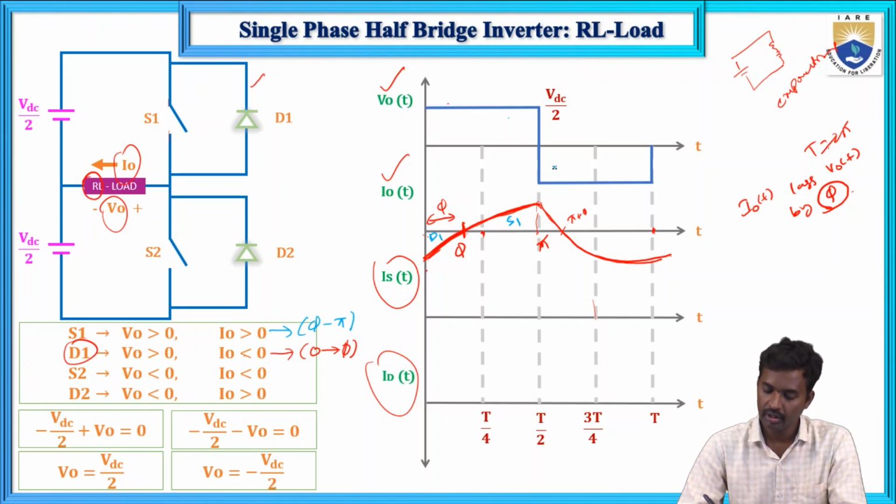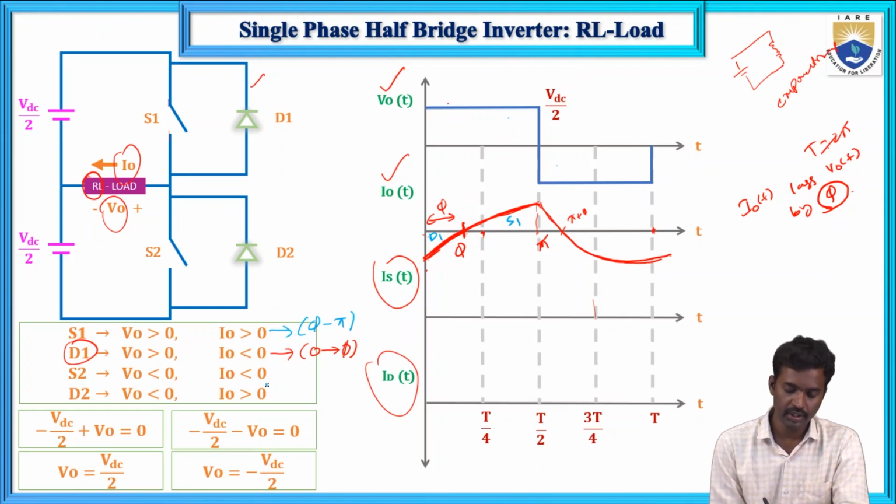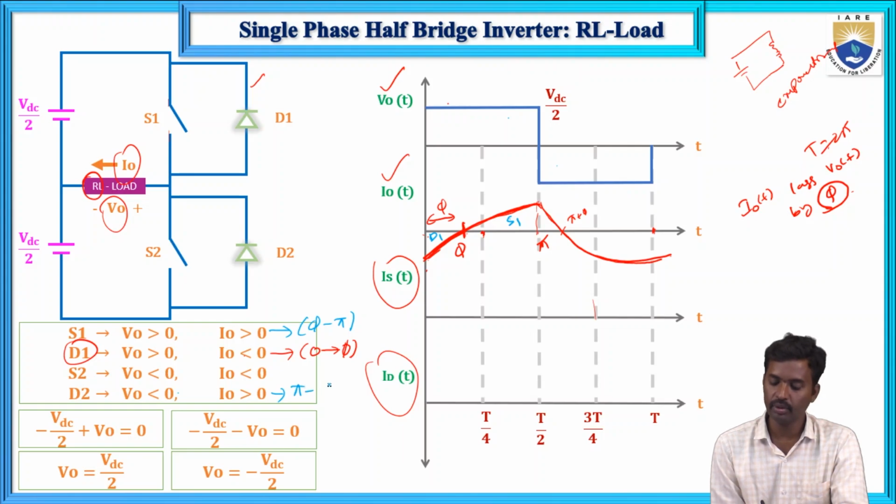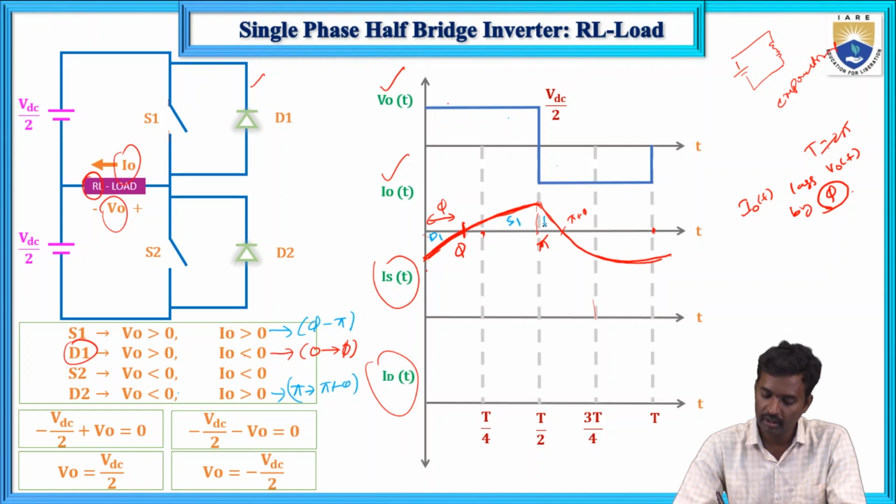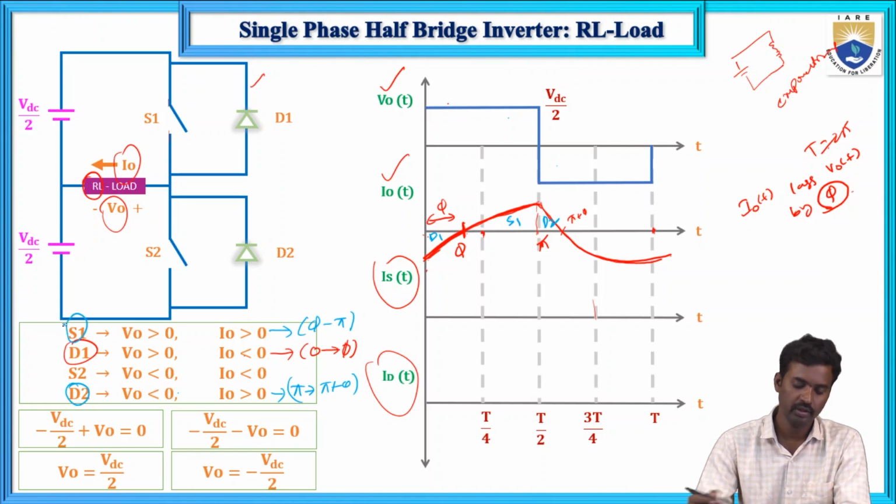And next here, voltage is negative and current is positive means, for pi to pi plus phi duration, D2 will conduct.